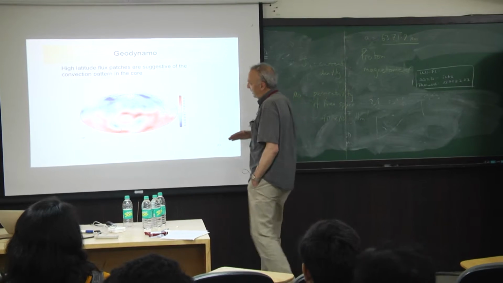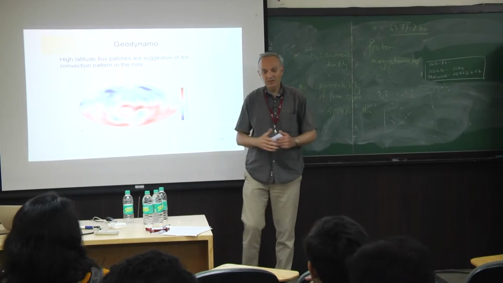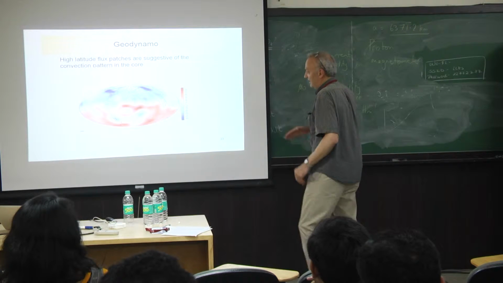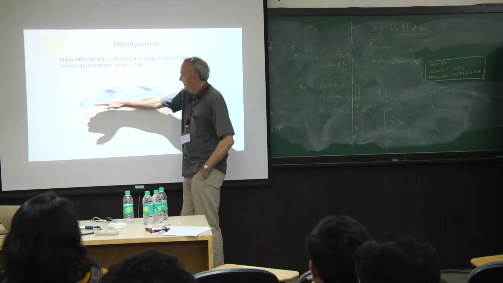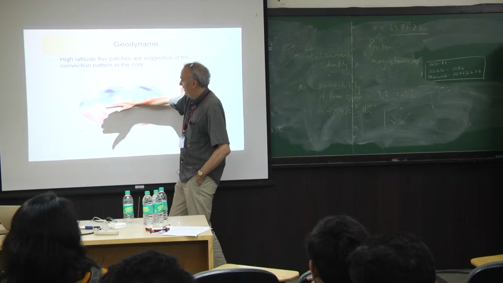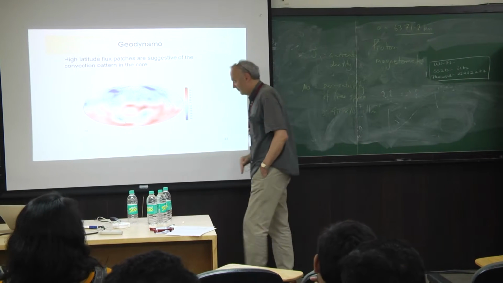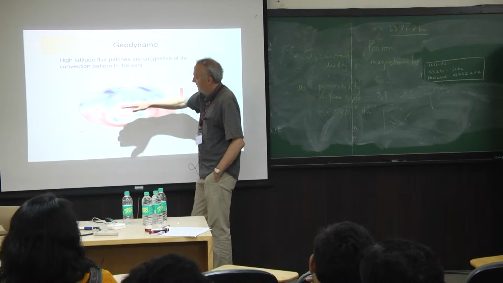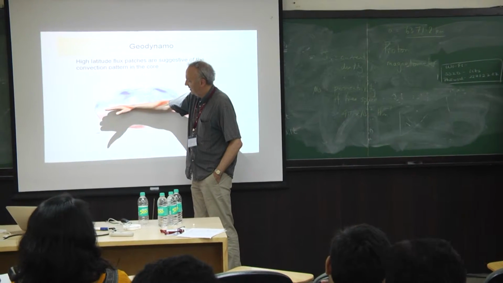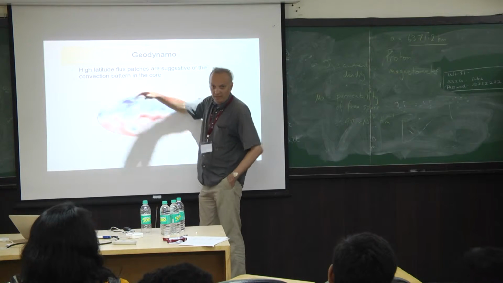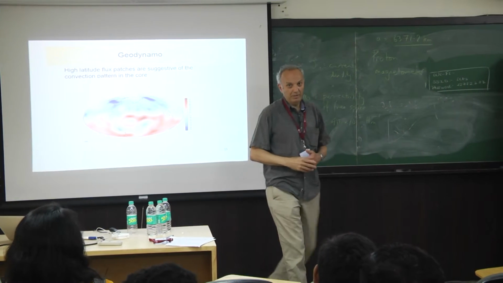So if you had the so-called dipolar model in your head of what the field would look like, the dipolar model would have an entirely blue northern hemisphere and an entirely red southern hemisphere. Indeed, it would have contours which gradually become more and more intense as you go to the poles. So it would be a nice, simple, increasing pattern.